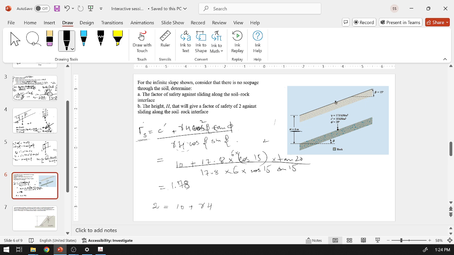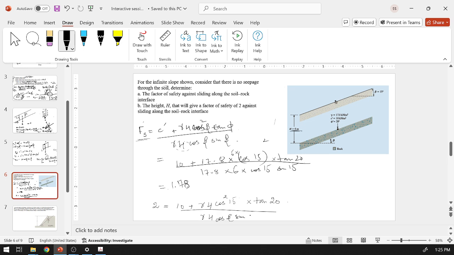One second, let me check again. Okay, so cos square 15 into tan 20 over gamma h cos beta sin beta.